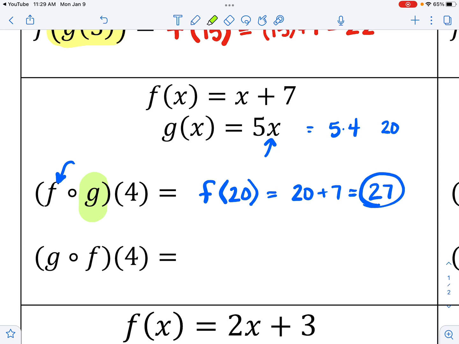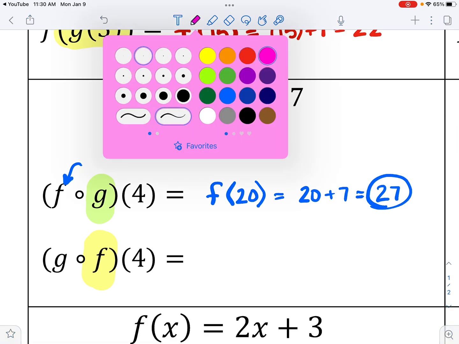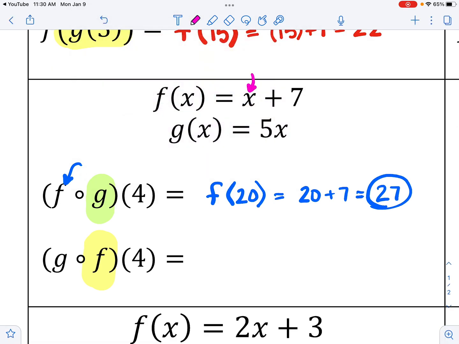Again, I have to pay attention to the fact that I'm starting on the inside first. So I have 4 going into, not my G, but this time I'm going into my F. So I have 4 plus 7, which equals 11.